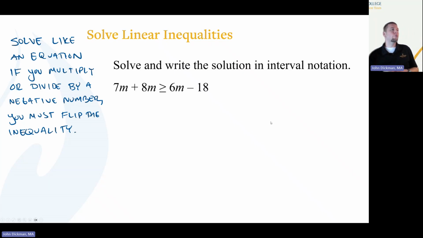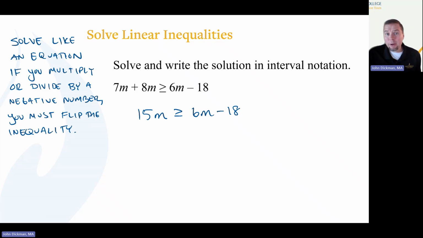So I'm going to go through this problem. This one, it's not going to happen, but we're going to go through this the normal way. So you're going to solve like an equation. So in this case, I'm going to combine my like terms on the left side. And that leaves me with 6m minus 18 on the right side.